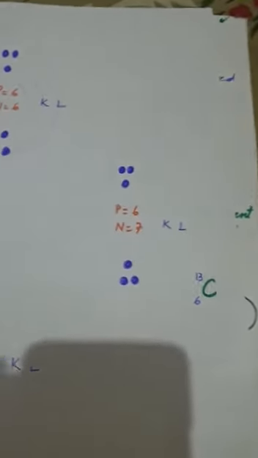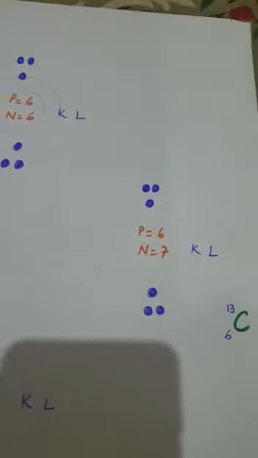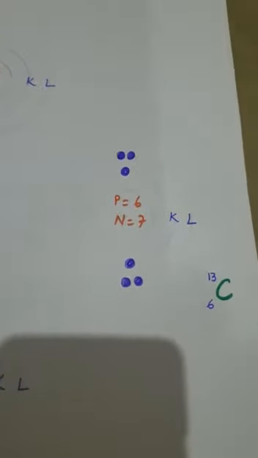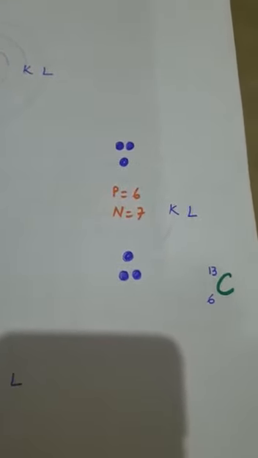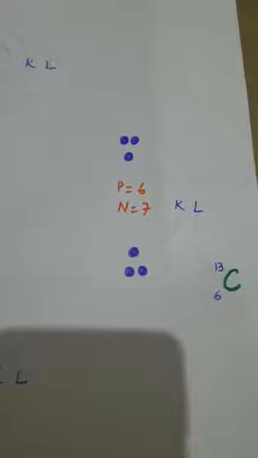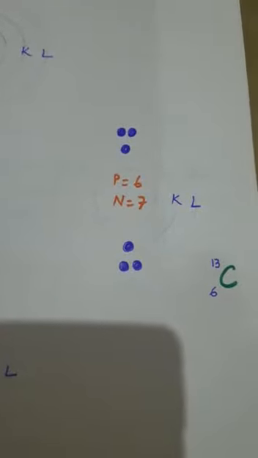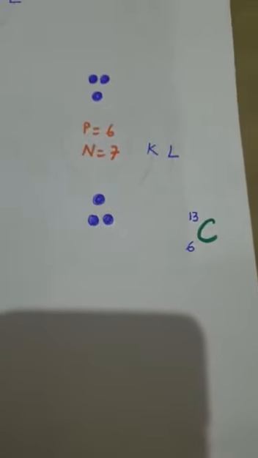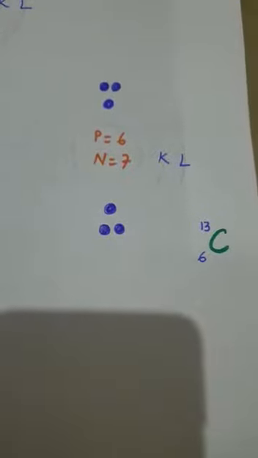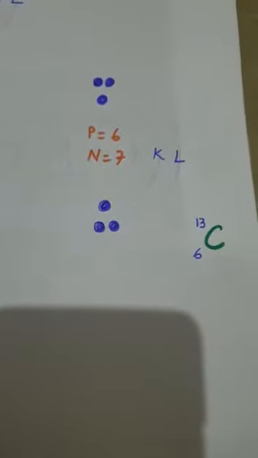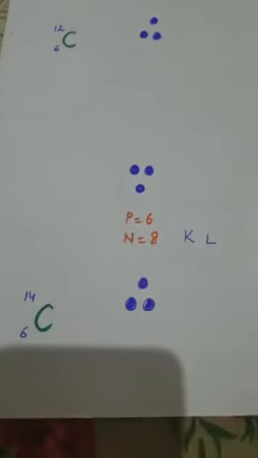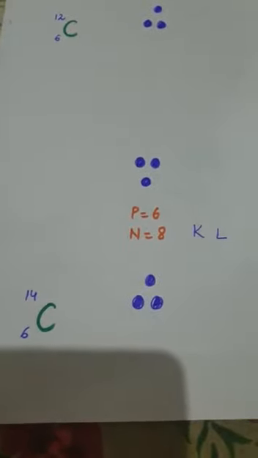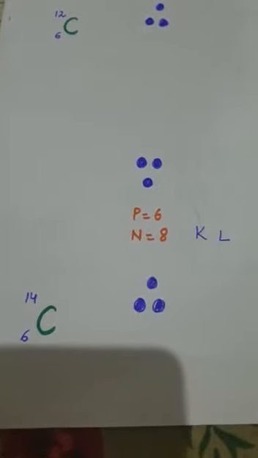In the second example the protons are 6, electrons 6, but neutrons are 7. So 6 plus 7 gives us 13. The atomic mass in this isotope of carbon is 13 and the atomic number is 6. Similarly, in the third situation, the protons are 6, electrons are 6, but neutrons are 8.